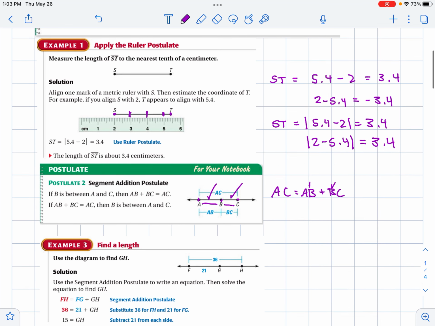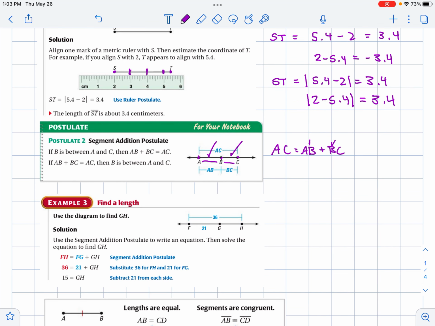Very simple. Now let's look at an example here. So we want to find GH. We want to find this length right here, and it's not outright given to us. I mean, we know this whole length across here is 36. So here's what we know. We know 36 is equal to 21, see, we know it's this length plus this length here, plus GH.